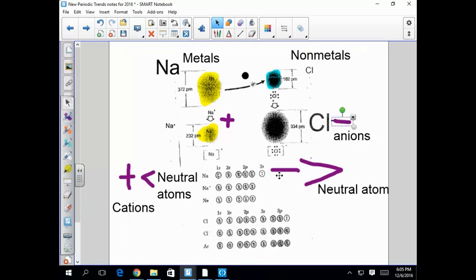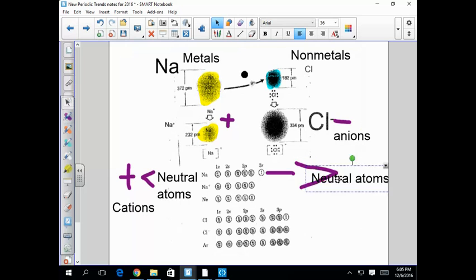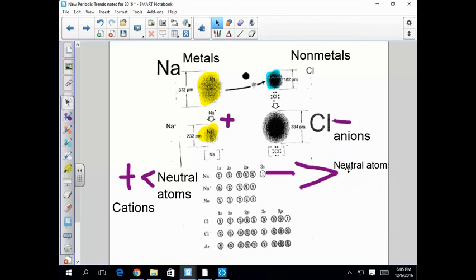They're going to usually be larger in size than neutral atoms. Okay, and we just wanted to highlight the metals on the left-hand side, sodium as an example, compared to non-metals like chlorine on the right, that generally cations are smaller than neutrals, and anions are generally bigger than their neutrals.